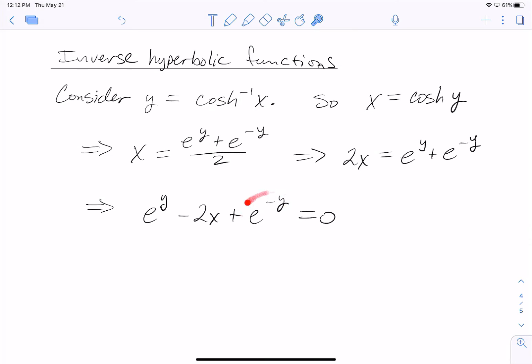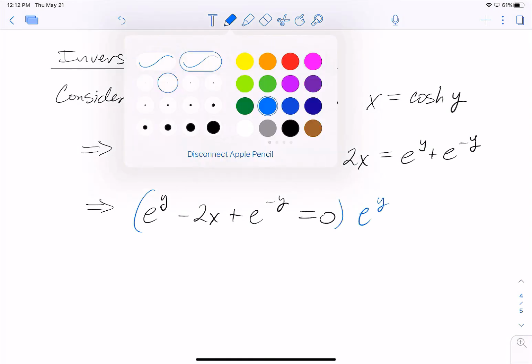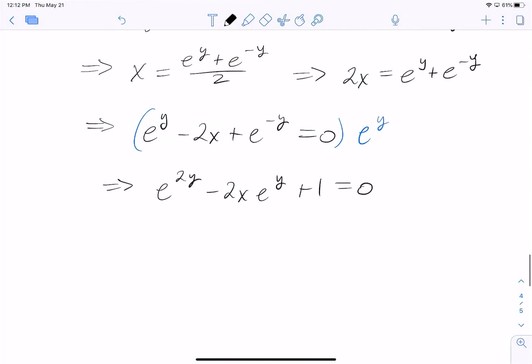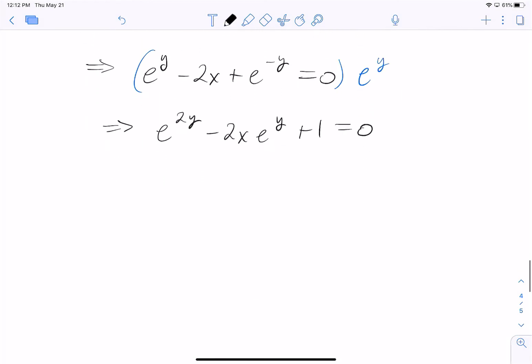The e to the negative y, of course, represents 1 over e to the y, and so clearing that fraction requires us to multiply both sides by e to the y. And by so doing, we end up with e to the 2y minus 2x e to the y plus 1 is equal to 0. This looks fairly hideous, but it is quadratic in e to the y.